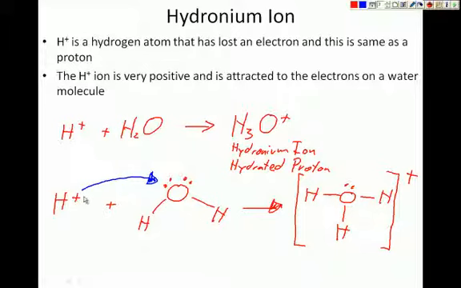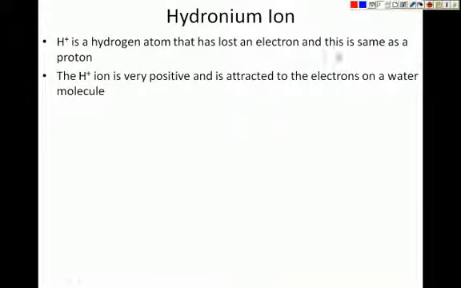Now, where does this proton come from? Well, it usually comes from things like acids. So say we have a very common acid like hydrochloric acid, and that ionizes and becomes H plus and Cl minus.